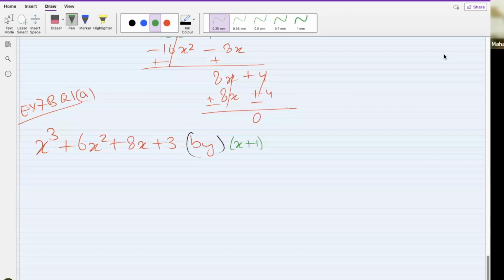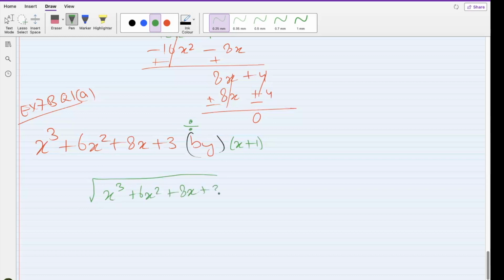How do we do it, times it by x plus 1 or divided? We divide by x plus 1. X cube plus 6x square plus 8x plus 3 and divide by x plus 1.